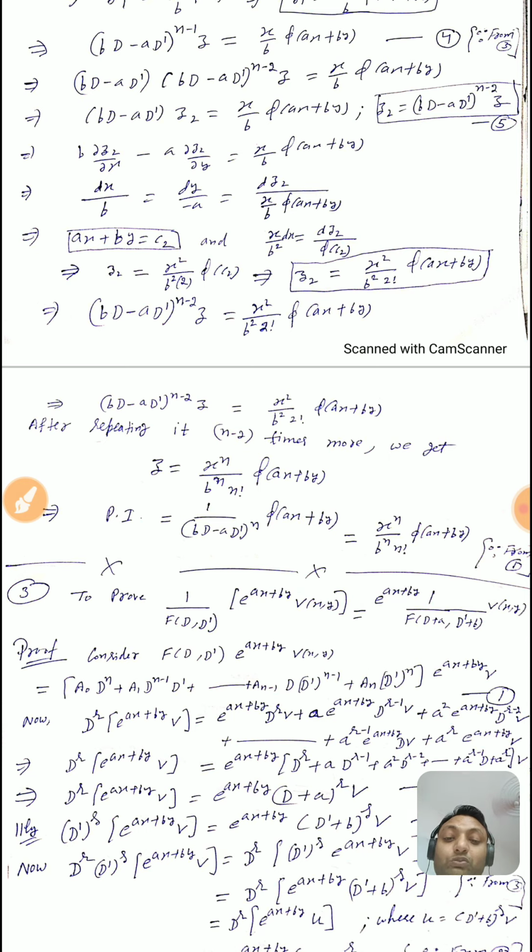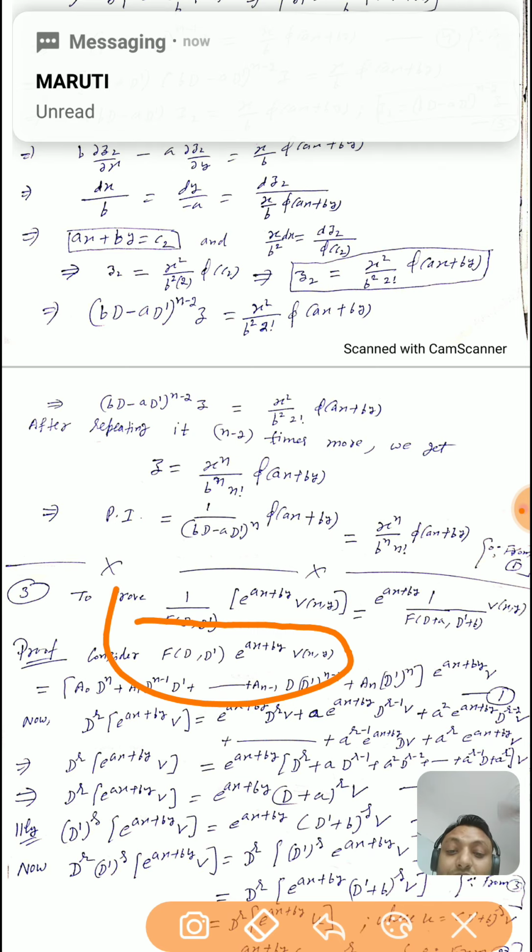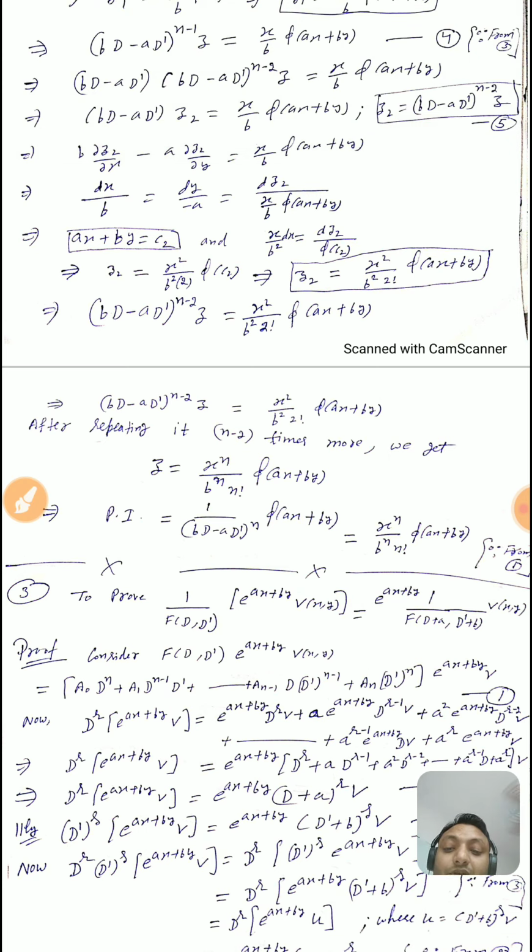So to prove this result, we start from this equation, that is, consider f of d d dash operating on e power ax plus by, where f of d d dash is equal to a naught d power n plus a1 d power n minus 1 d dash plus up to plus a n d dash power n, operating on e power ax plus by into b.